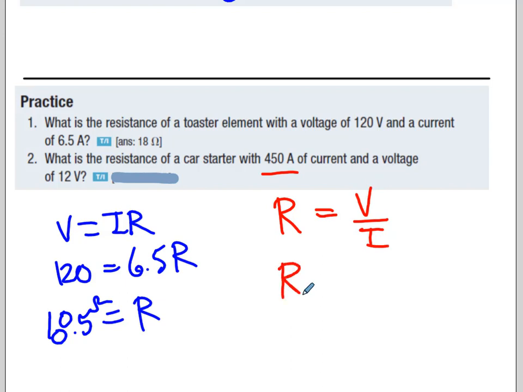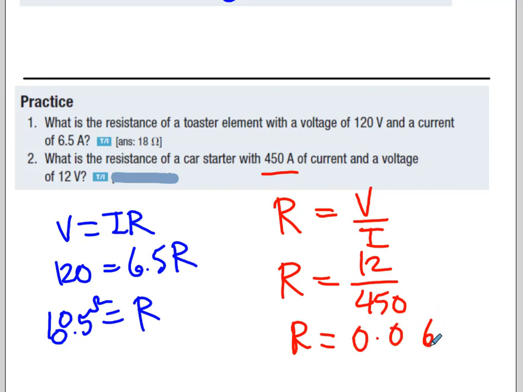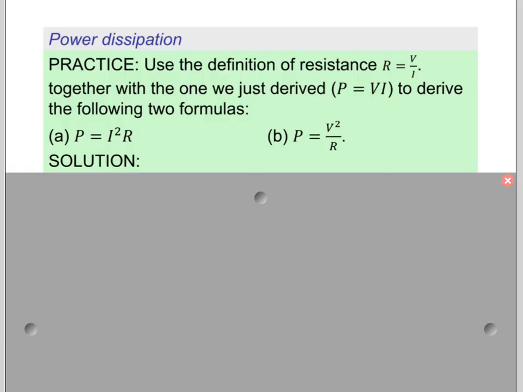So resistance is 12 over 450, and then 12 divided by 450, 0.027 ohms. Again, the calculation is not particularly difficult, just making sure you put things in the right location.